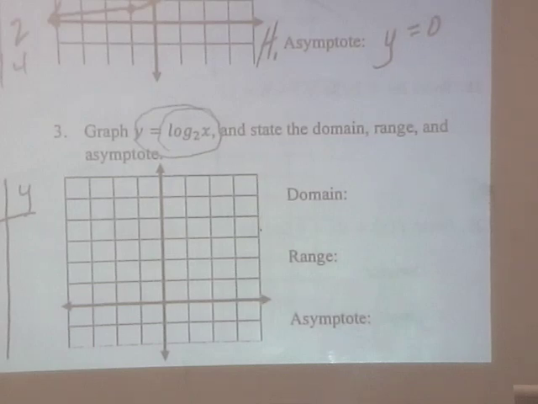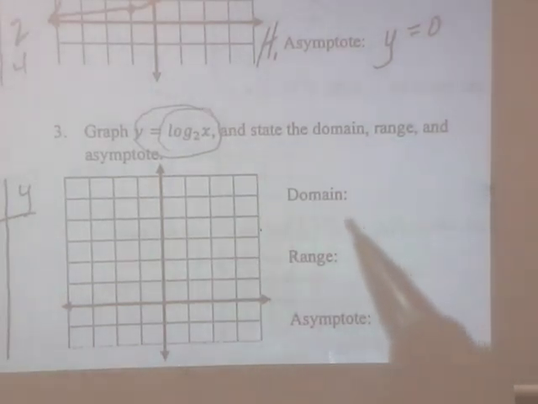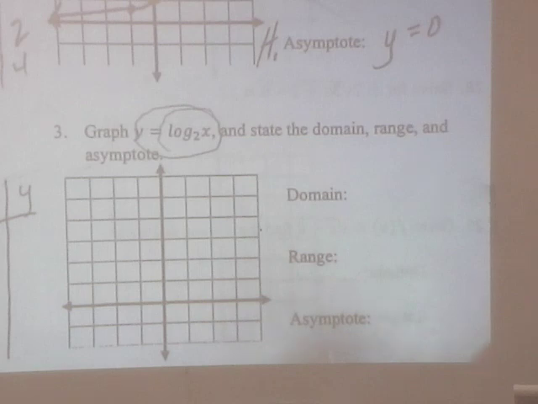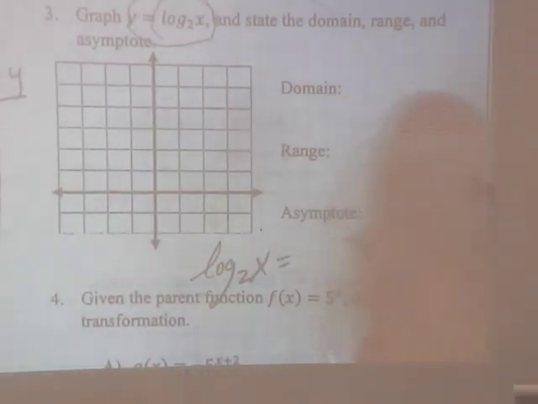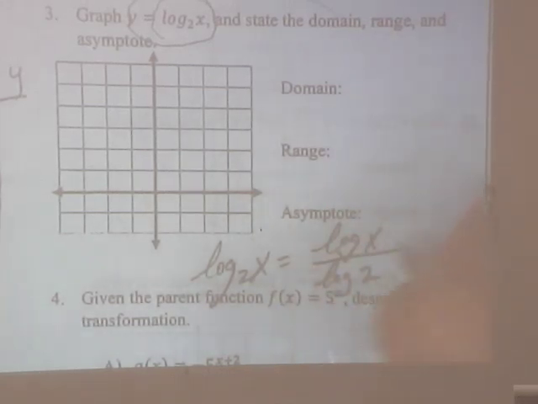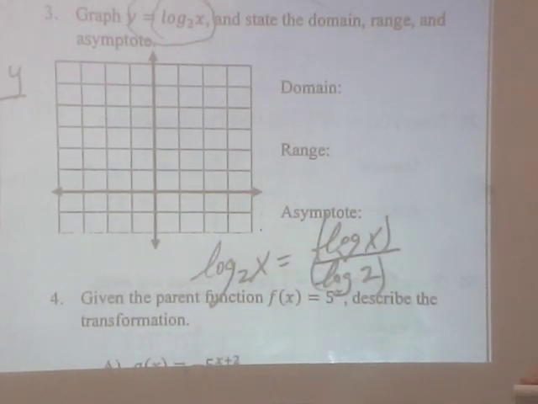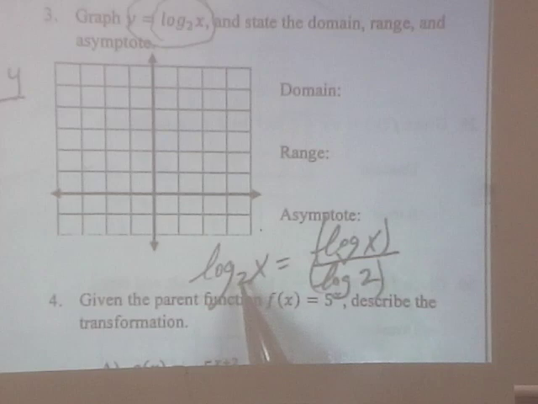Use the handy dandy, actually, the inverted button. If I were to plug this into the older calculator, I'd have to use the change of base formula: log of x over log of 2. Make sure you put parentheses. Notice the x is higher on the paper than the 2 is, so when you change your base, keep it that way.